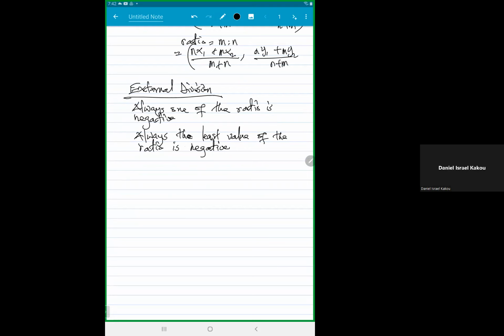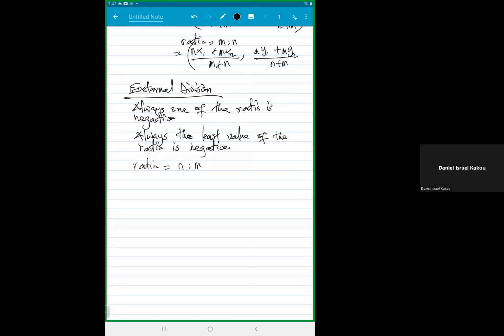So what do I mean by that? Assuming the ratio is maybe n is to m, because they are variables, we can't tell which of them is least, right? We don't know if m is the least or n is the least, but what we know is one of these is negative. Now, let me put this in a diagram to tell which of them will be negative.